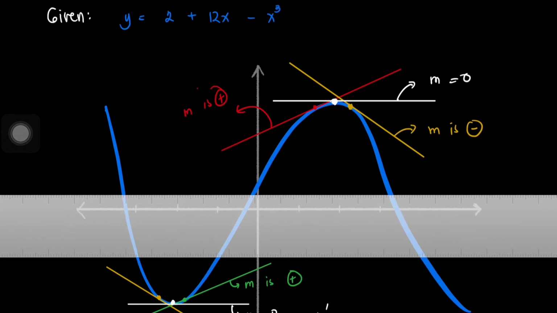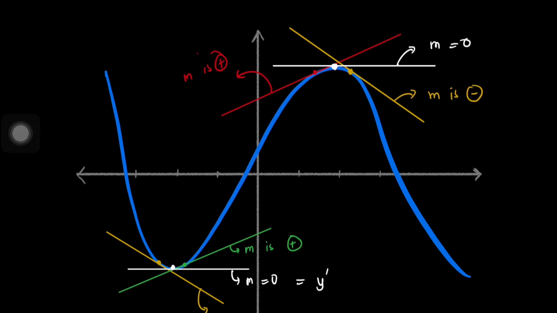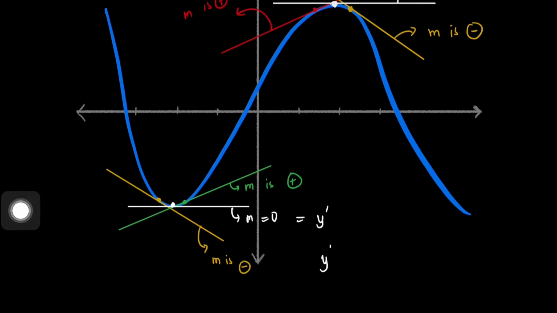Alright? So how are we going to determine whether a critical point that was solved is a minimum or maximum? In here, we're going to use the first derivative test. Using the first derivative test, if y prime changes from negative to positive, the critical point is minimum.